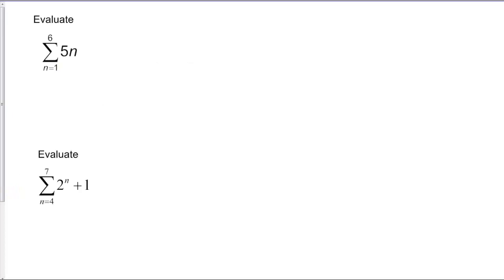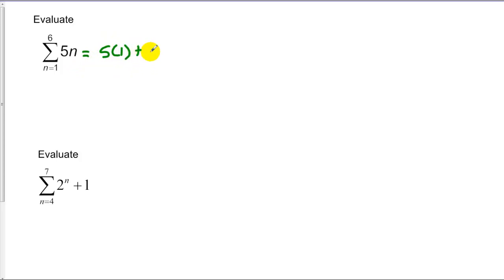So here's a couple examples of a sigma notation sum. This says find the sum of the series that is made by n starting at 1, plugging it into the formula, incrementing by integer values of 1 until I get to 6. So let's do that. I have 5 times n, and n starts at 1.